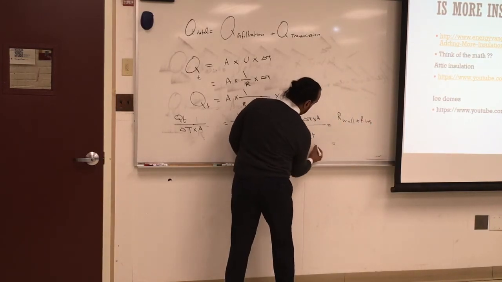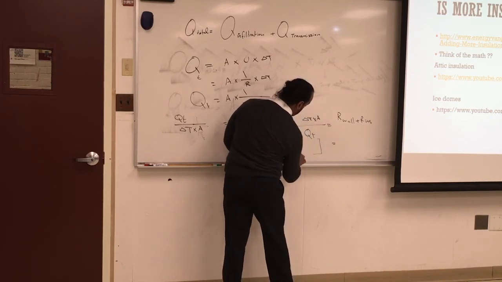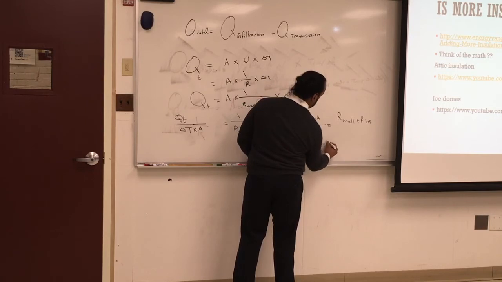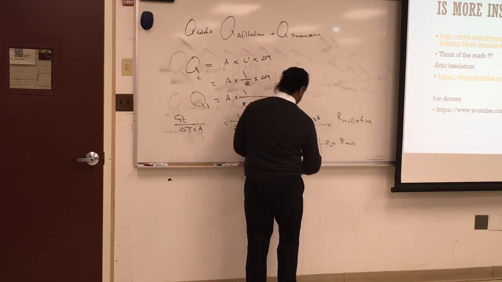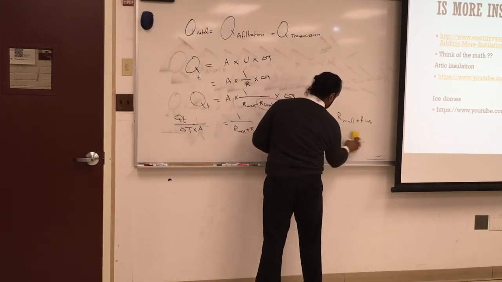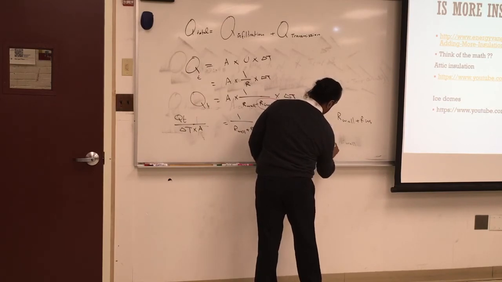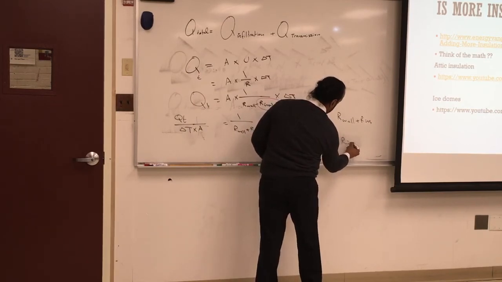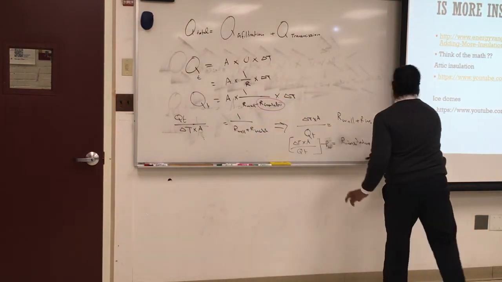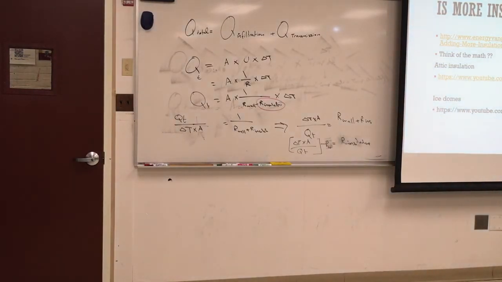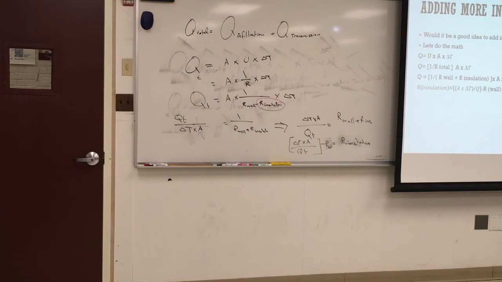Then put this here in parentheses. This is how we came to the R insulation equation.